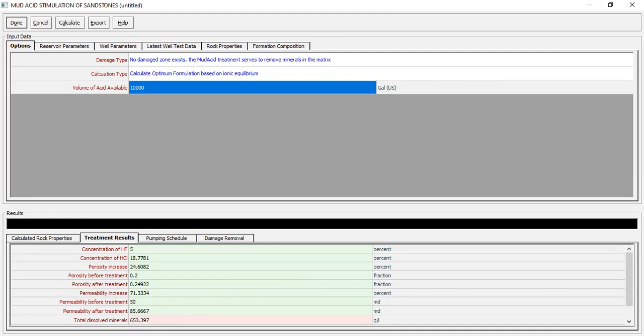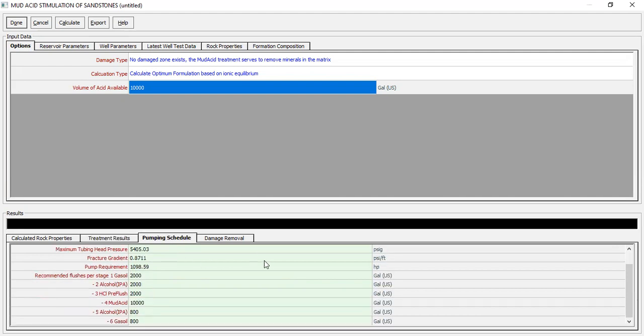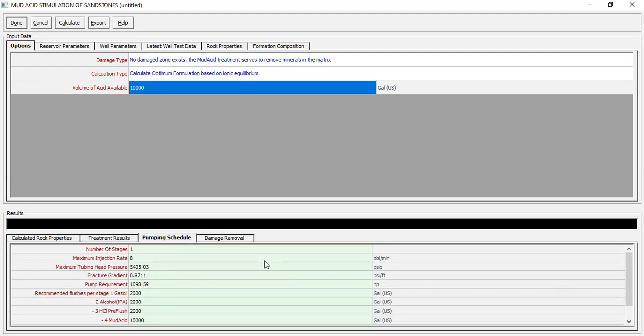And you can see the total dissolved minerals, this one, gram per liter. And this is the recommended pumping schedule. So we need to only perform it in one stage with maximum injection rate of 8 barrels per minute. All right, very interesting. And the maximum tubing head pressure, this one, to prevent also the fracturing.